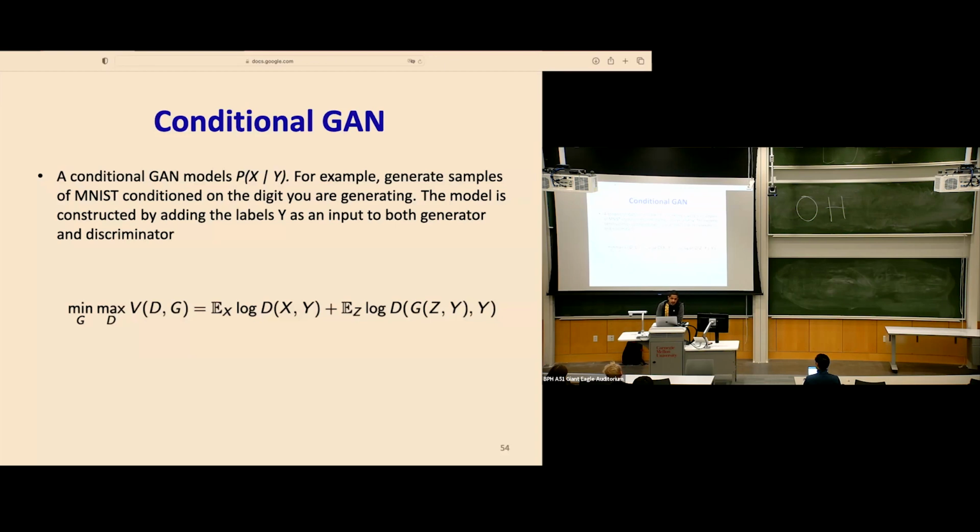That's what you're doing in this case. And this is the min-max formulation. As you remember, in vanilla GANs we're looking into P(x), and in this case we're looking into P(x|y). That's the only difference between vanilla GANs and conditional GANs.